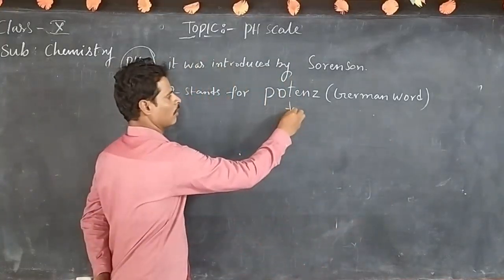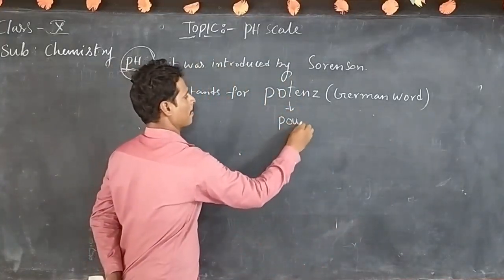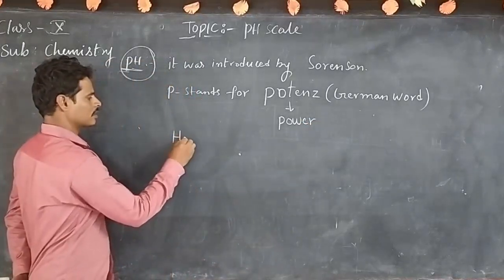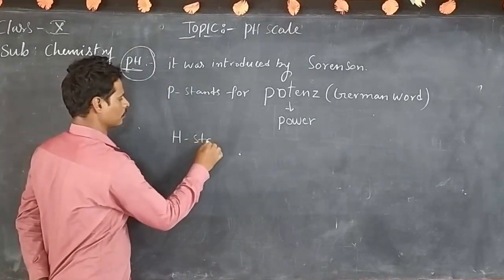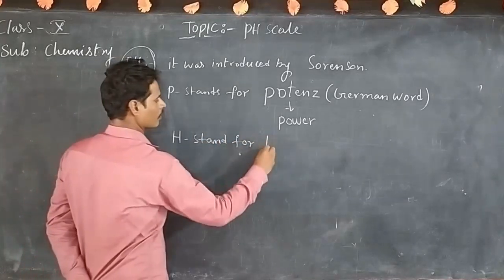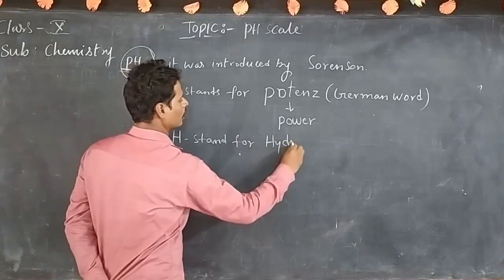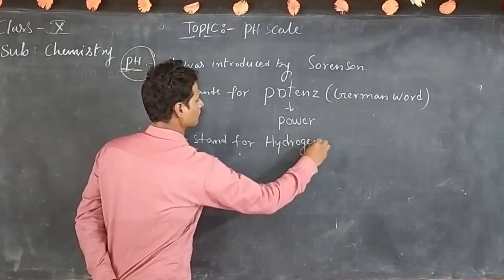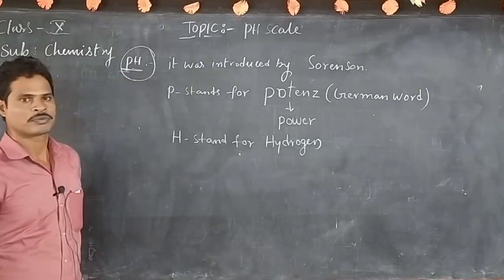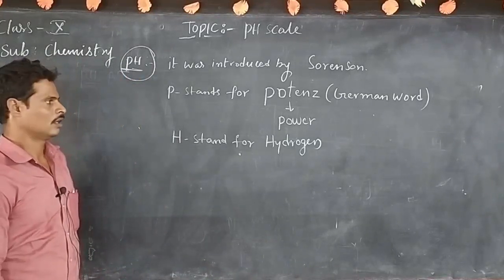Potenz means power. H stands for hydrogen. This is the introduction of the pH scale.